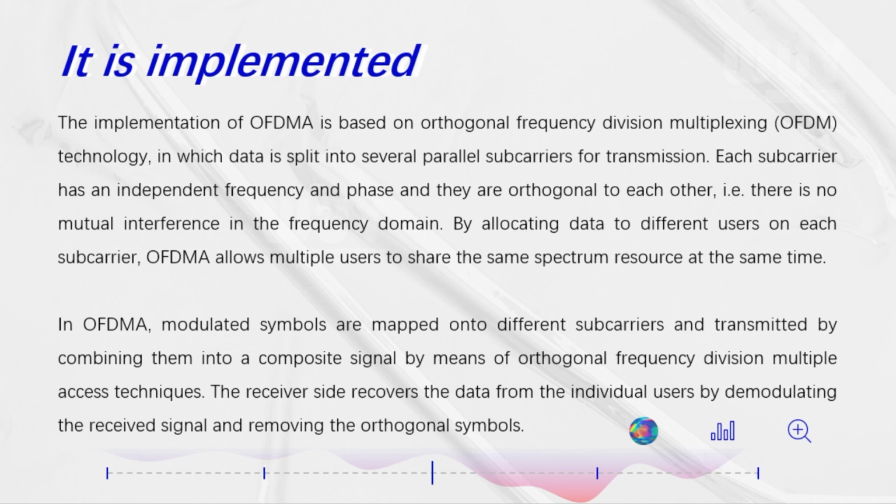OFDMA allows multiple users to share the same frequency resource at the same time. In OFDMA, the available bandwidth is divided into small subcarriers in order to increase the overall performance. The data is transmitted through these small subcarriers. It is widely used in 5G technology.